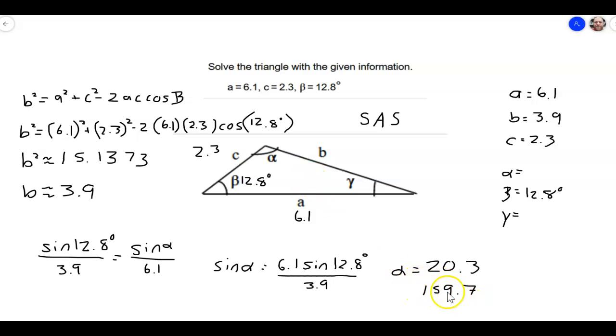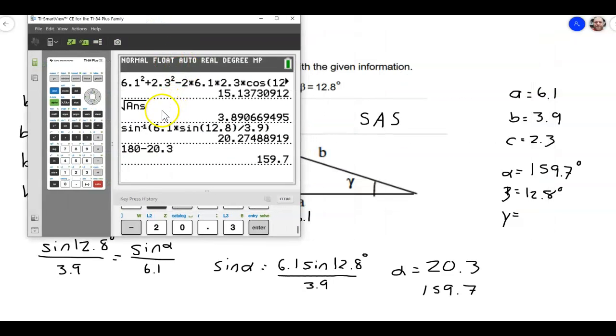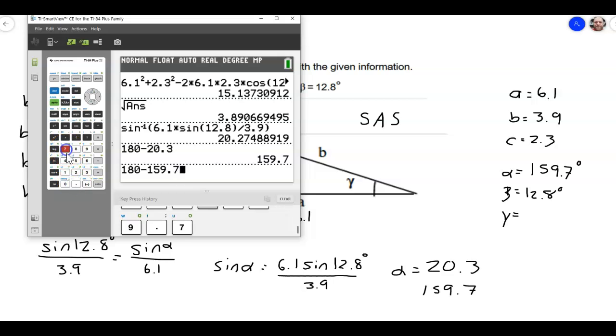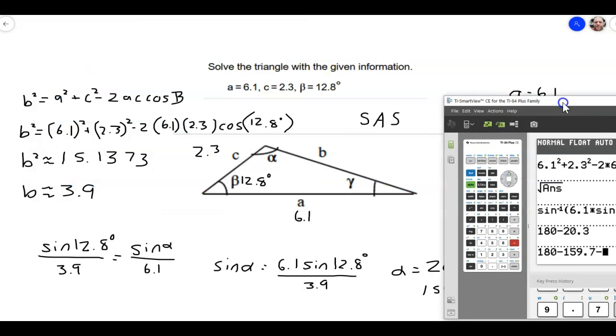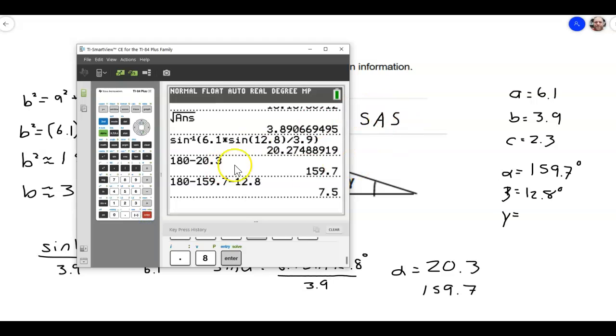So it's going to end up being 159.7 degrees, and I think we should have gone with the smaller side first, but let me double check here. 180 minus 159.7 minus 12.8 is 7.5.